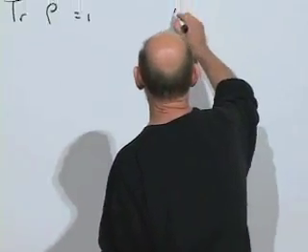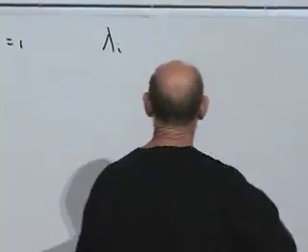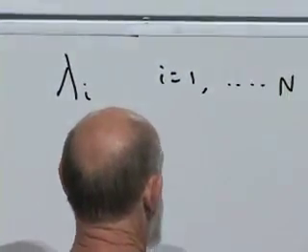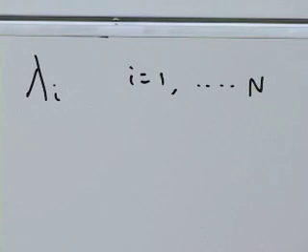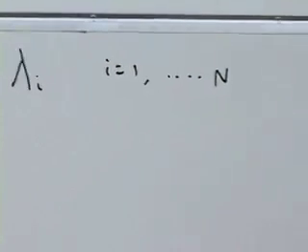Let's label them lambda i, where i equals 1, 2, up to n, where n is the number of dimensions of the vector space. Are they all positive, too? And they're all positive. Good.